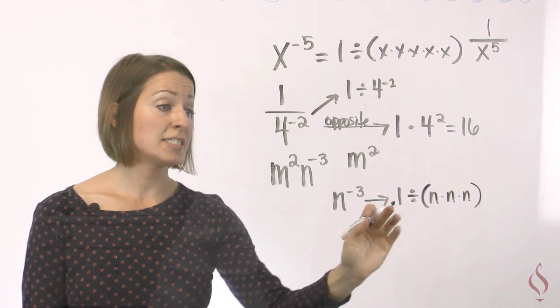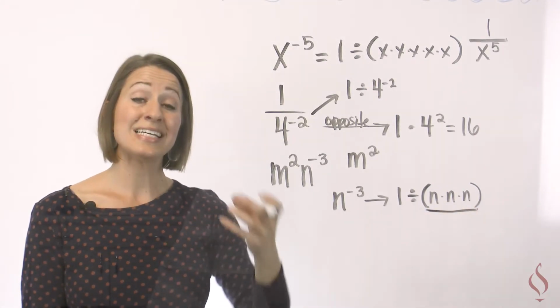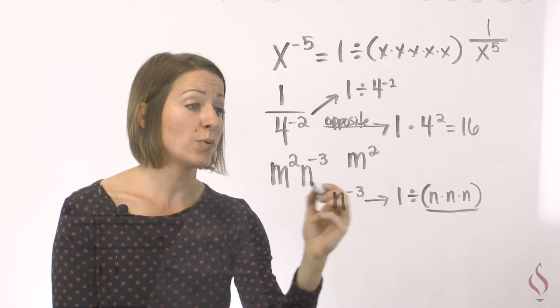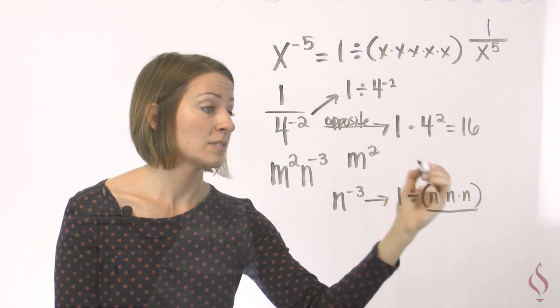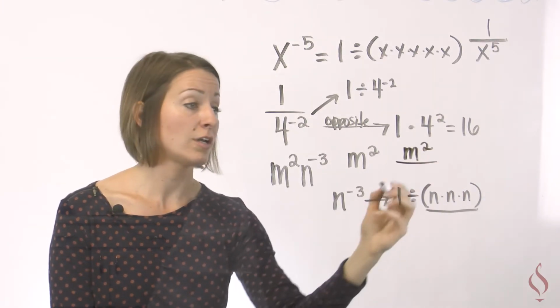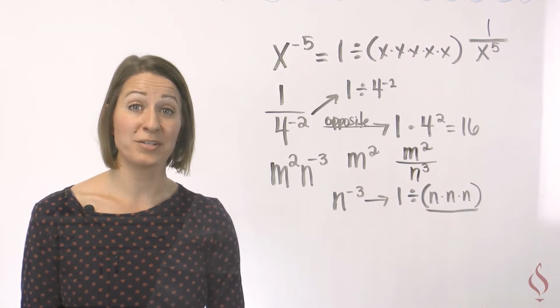That sends the product of the 3 n's down to the denominator because we're dividing by it. So m squared is going to stay in the numerator, and n cubed is now in the denominator.